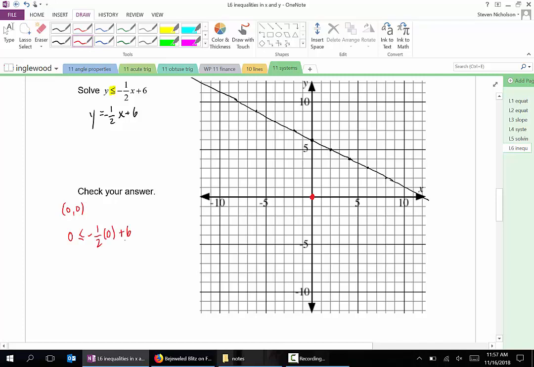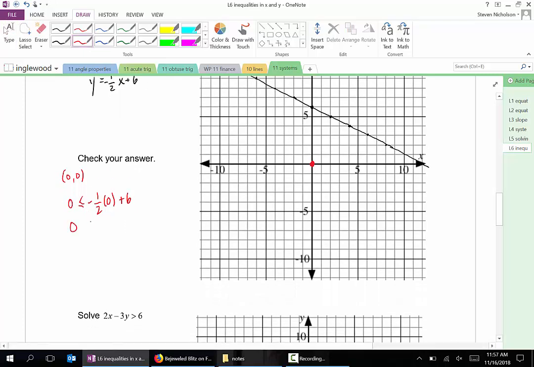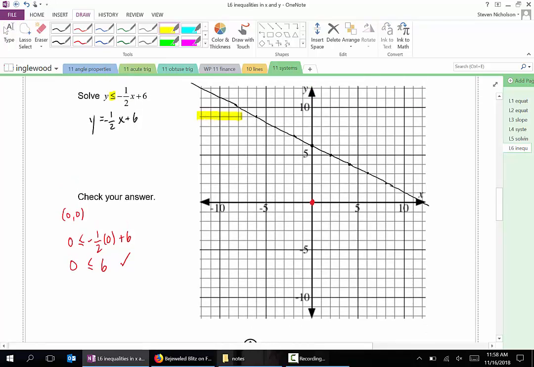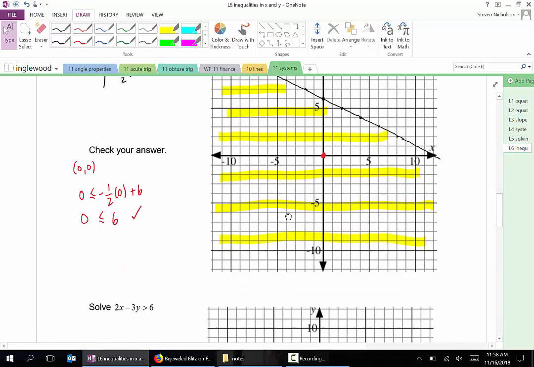So again, the other good reason about picking 0, 0 is you never have to worry about a fraction. So this one right here, really what I'm asking, is 0 less than or equal to 6? And that's true. So what that tells me is this side of the line is where the truth lies. And we just have to shade it in. Again, you don't have to color it solid. You just have to be able to demonstrate that that's the answer.